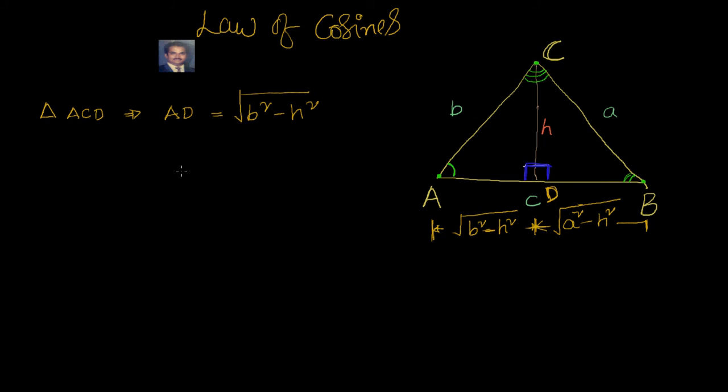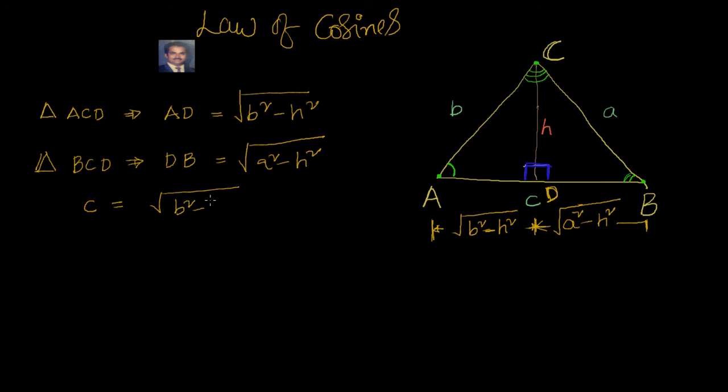Similarly, for triangle BCD, it gives me DB, or BD, equal to the square root of a square minus h square. Now you can ask me, why are you doing this? Because I know c is nothing but the sum of this. So c is equal to the square root of b square minus h square plus the square root of a square minus h square.